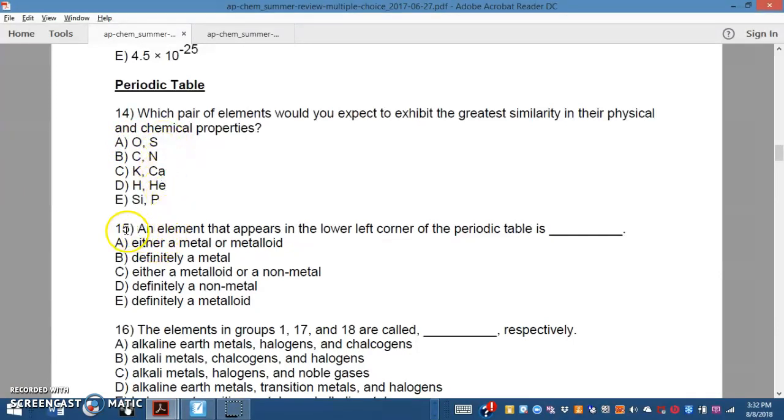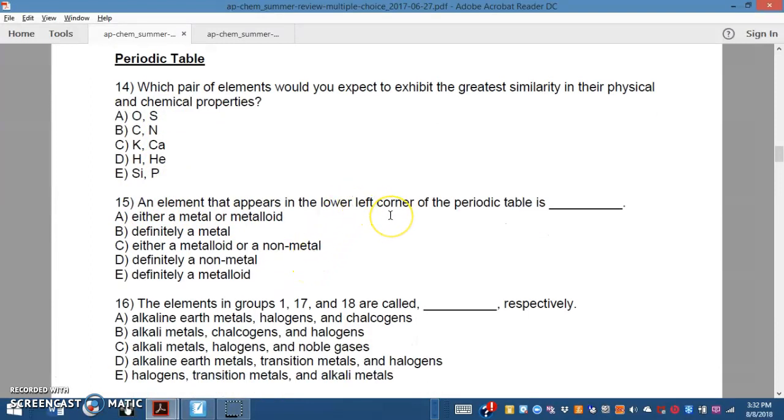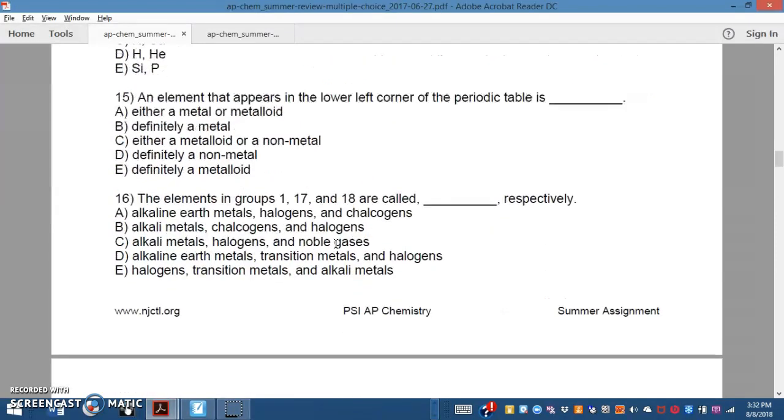And then 15, an element that appears in the lower left corner is either a metal or metalloid. It is definitely a metal, right, because of those trends in the periodic table. And then the elements in group 1 are the alkali metals. 17 are your halogens, and 18 are your noble gases. So it has to be C.